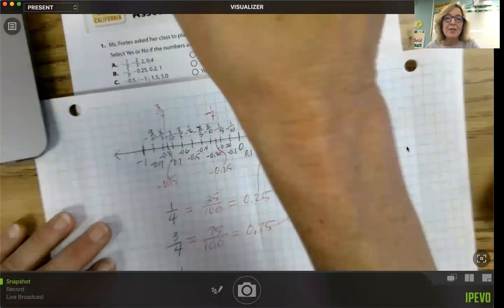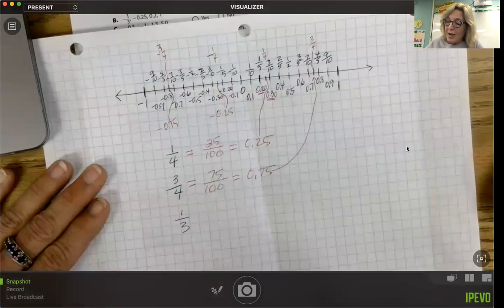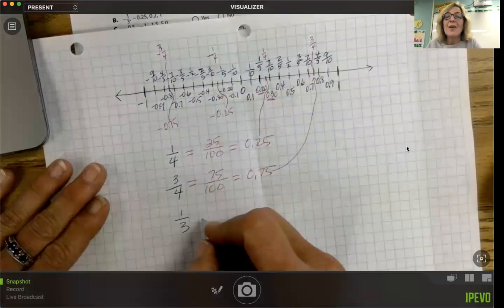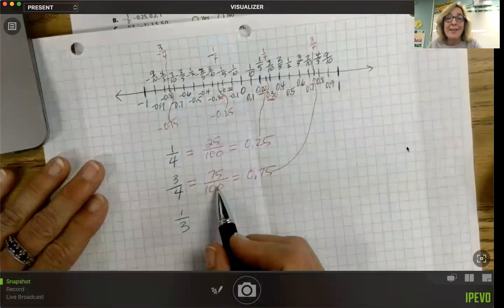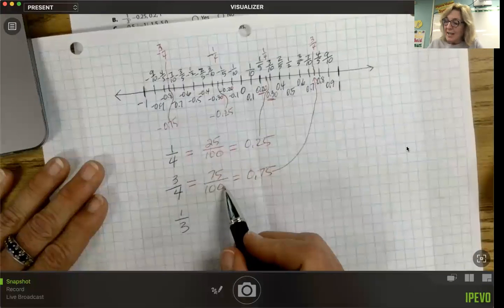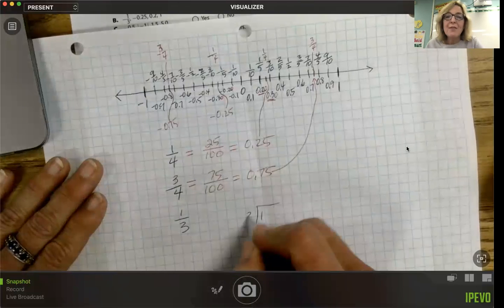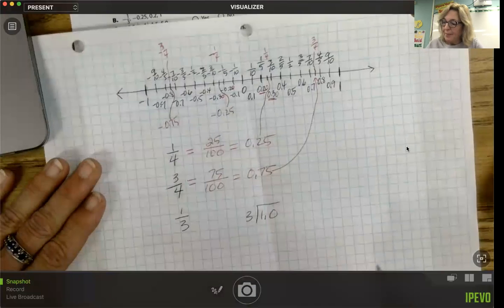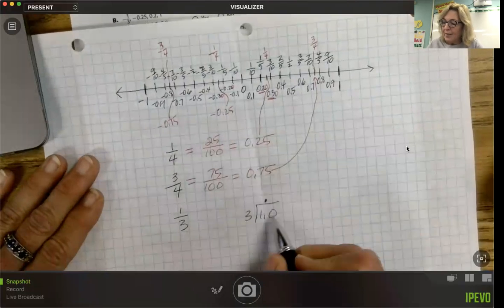1/3 as a decimal is called a repeating decimal, because 3 is not a factor of 100, right? So I can't use the same method that we used on 1/4 and 3/4. So I would need to do the division. And so 1 divided by 3 means we have to put a decimal and a 0 here. What's going to happen is 3 will go into 10 3 times.